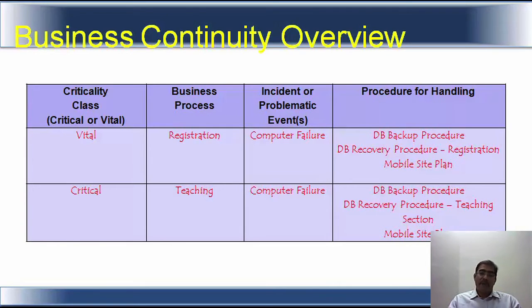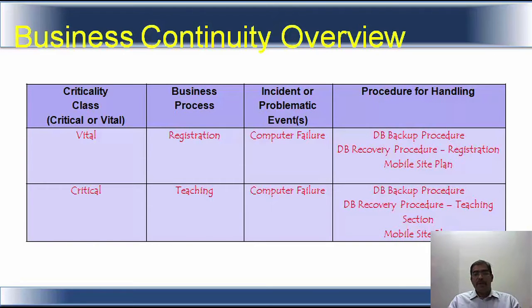A computer failure can be classified as an incident or a problematic event. The procedures for handling these things are database backup procedures, so proper database backup should be taken. A database recovery procedure should be there for registration. There could also be a mobile site plan.